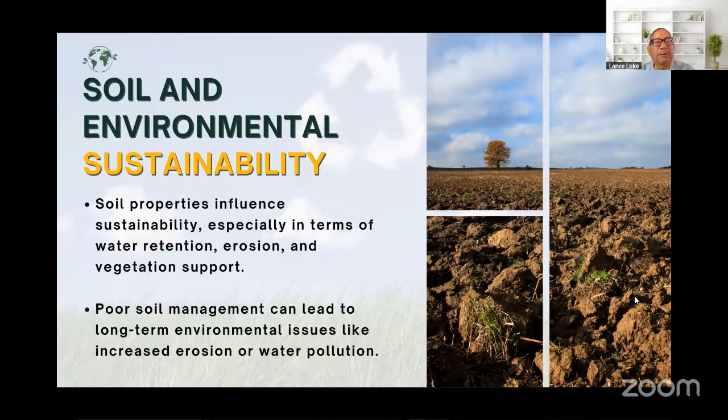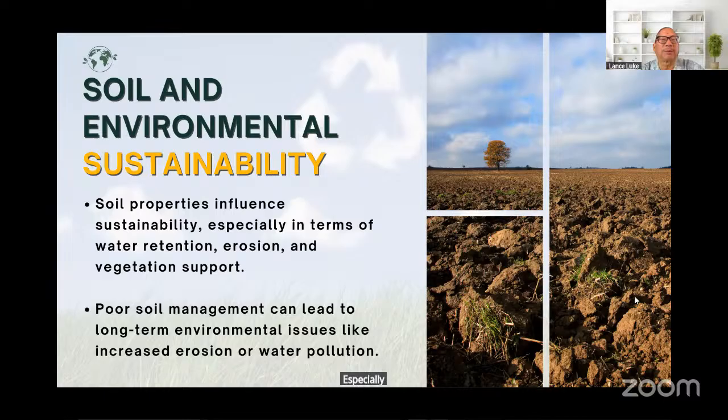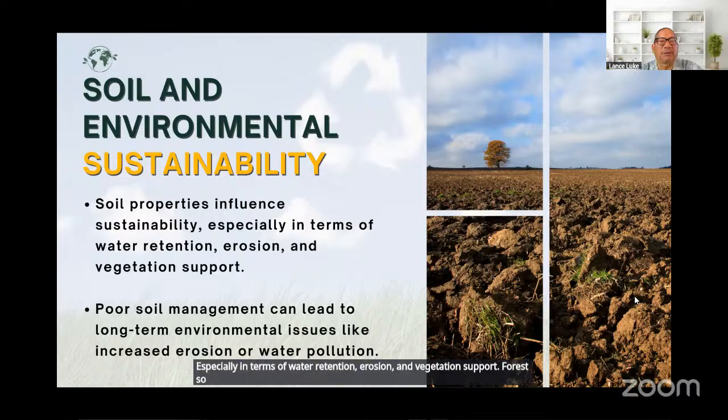So we're going to talk about soil and environmental sustainability. Soil properties influence sustainability, especially in terms of water retention, erosion, and vegetation support. Poor soil management can lead to long-term environmental issues like increased erosion or water pollution.